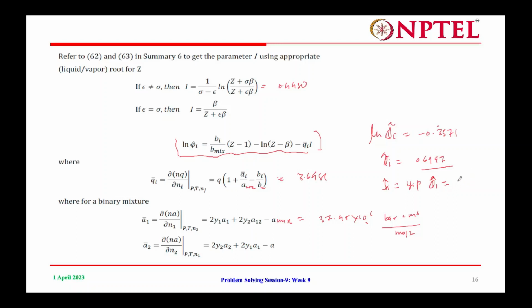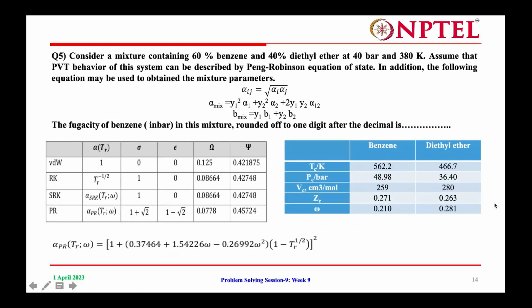So here 0.6 into pressure 40 and 0.6990, fugacity is 16.79 bar.